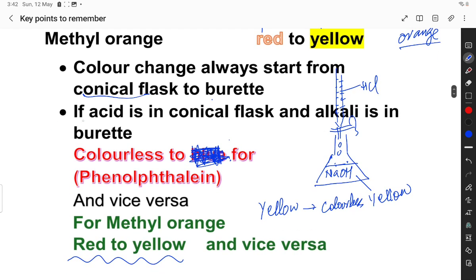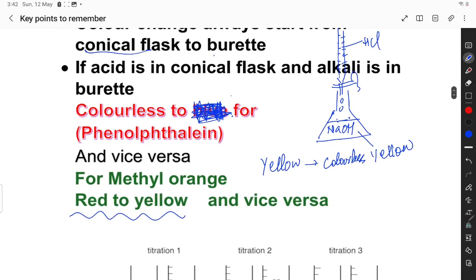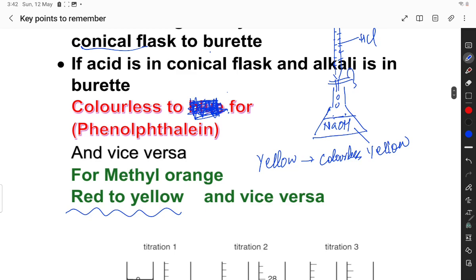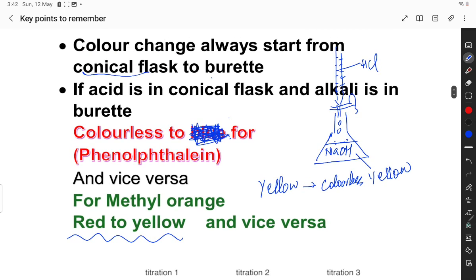Color change always starts from the conical flask toward the burette. If acid is in the conical flask and alkali is in the burette, then the color change is red to yellow.